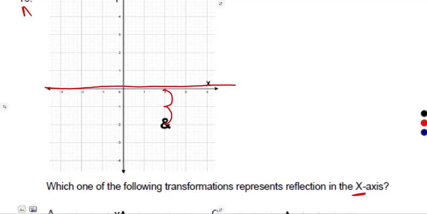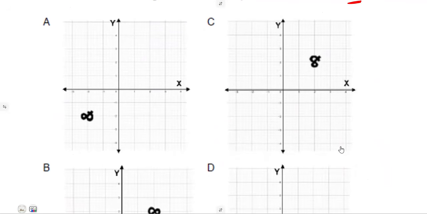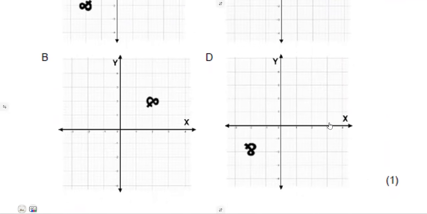We are supposed to move the same units going up. So that will be 1, 2. So our image is supposed to be there at 2, 2. That is where we are supposed to see it, along the x-axis. So which one best describes 2, 2.